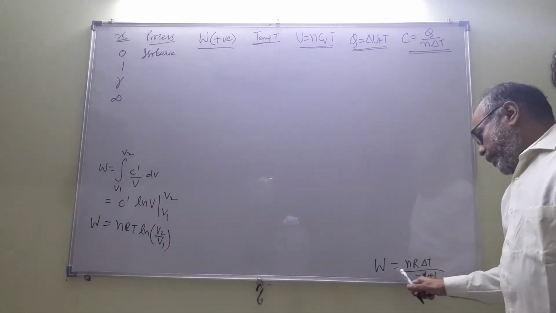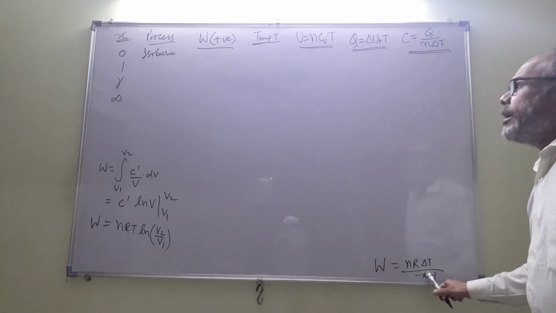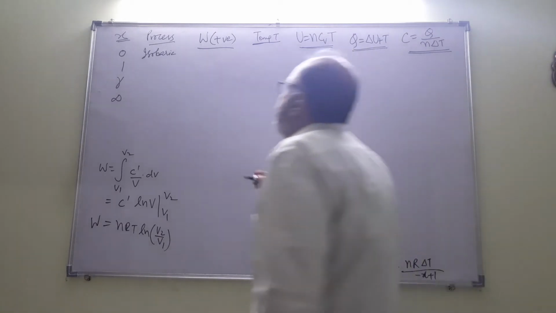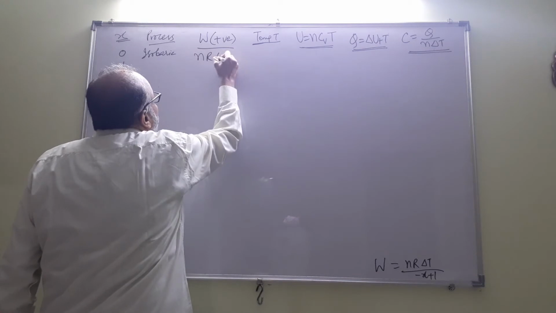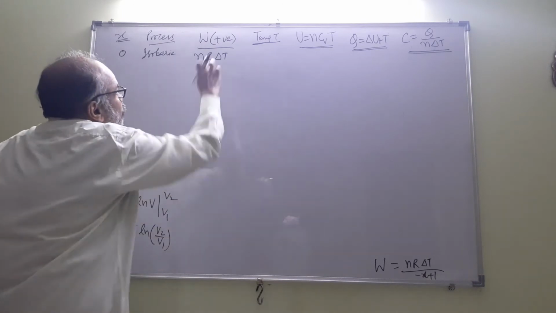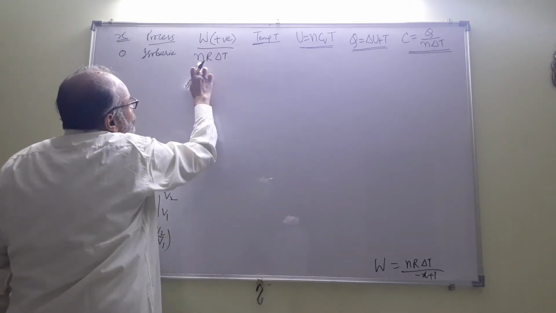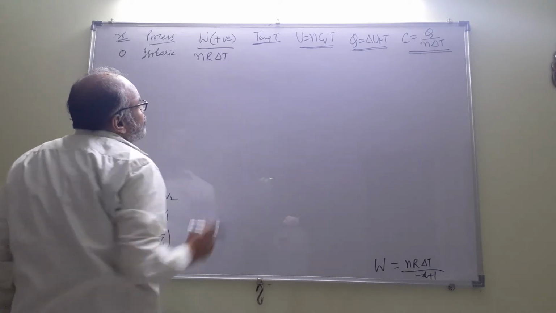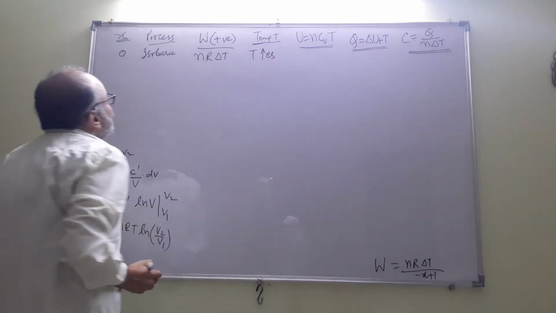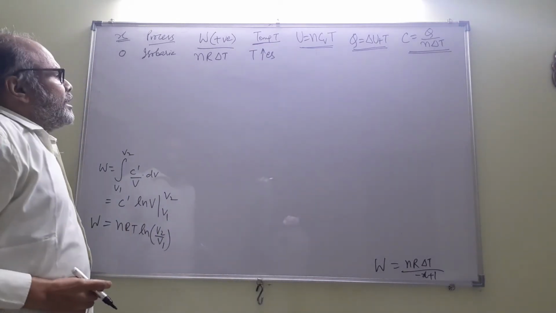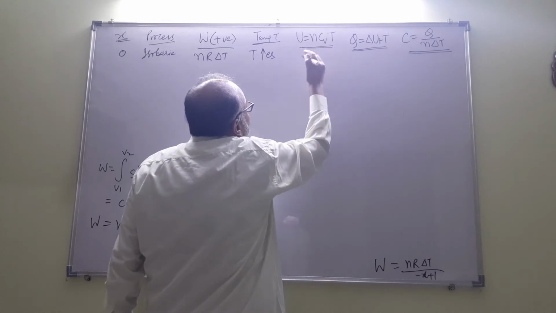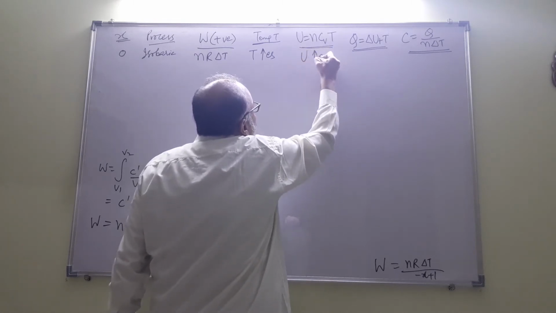So we would like to see what happens to the work. If you put x equal to 0, you have work as nR delta T. So if work is positive, n is positive, R is positive, so delta T must be positive. So we can say that the temperature increases. So if there is an isobaric expansion, the temperature will increase. Because the temperature increases and internal energy is a function of temperature, the internal energy of the gas also increases.